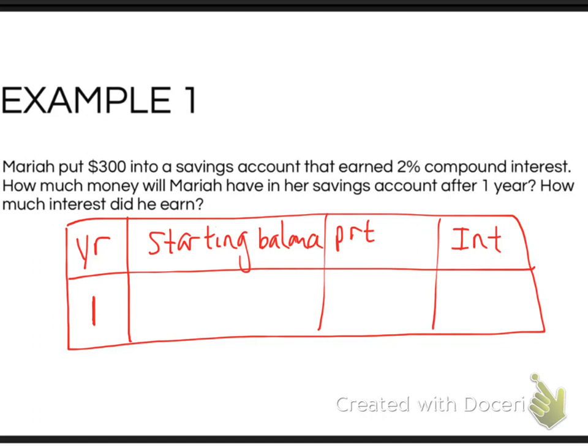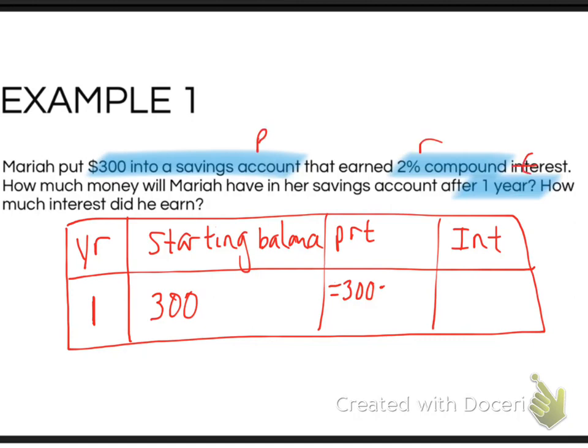if her starting balance is 300, it's going to find the simple interest of that 300, which is 300 times 2% times 1. So 0.02 times 1.